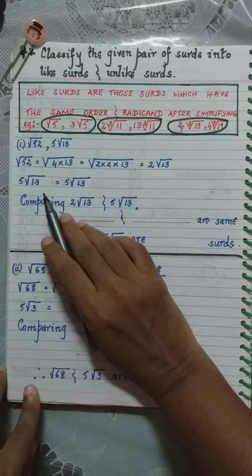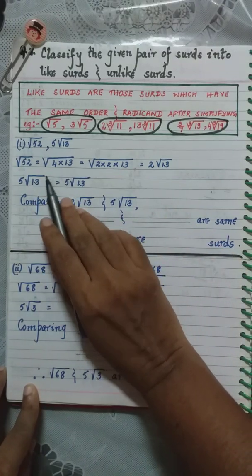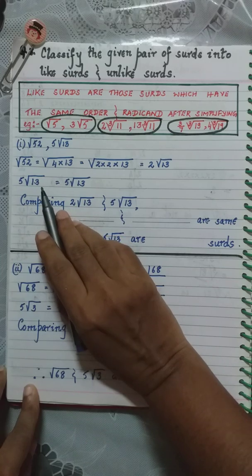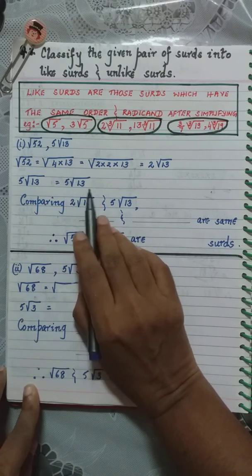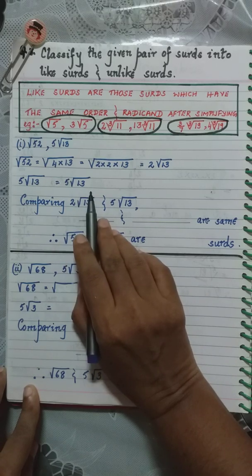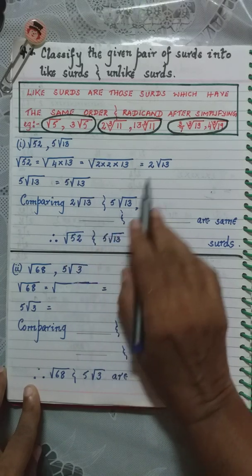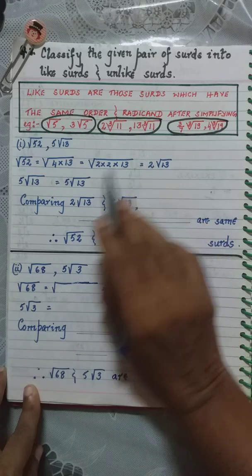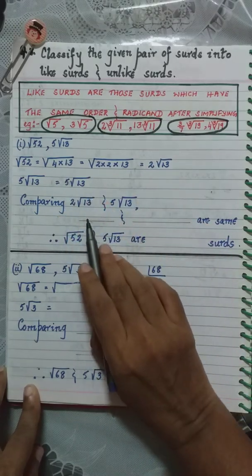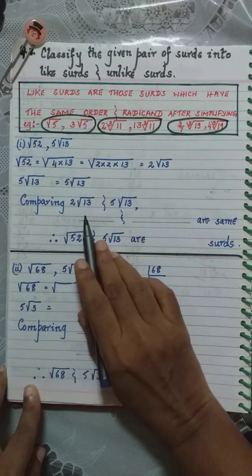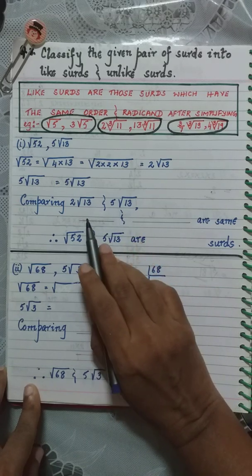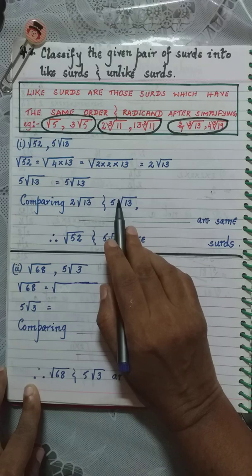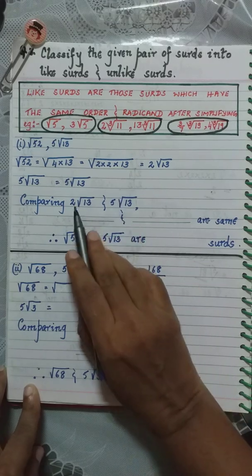What about 5 root 13? Can we simplify 13 more than this? 13 is a prime number, so it won't have any other factors. So this will remain as it is. Now if I compare 2 root 13 and 5 root 13, what do we see? The order is the same, both are 2.